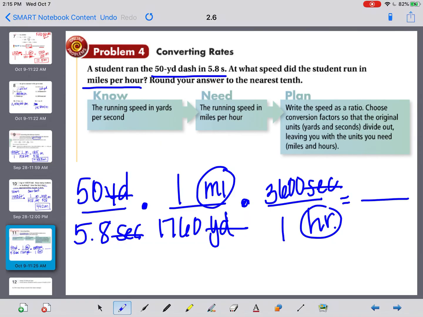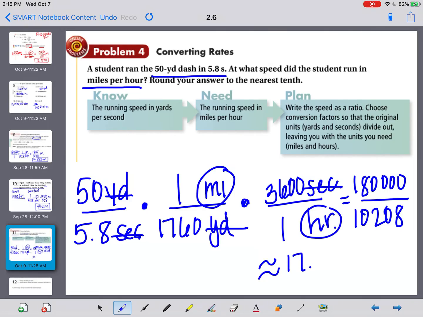Now when I multiply straight across, I end up with, let's see, 50 times 3,600 gives me 180,000, and 5.8 times 1,760 gives me 10,208.